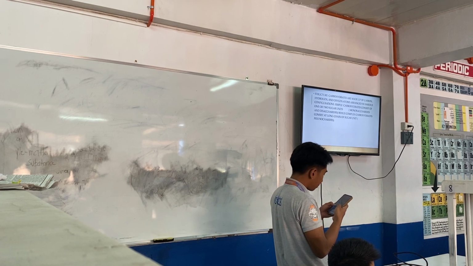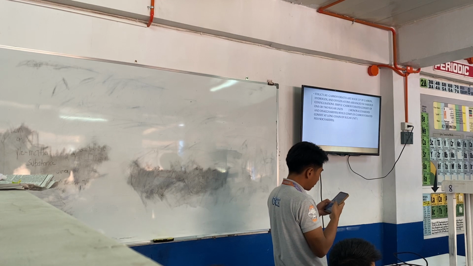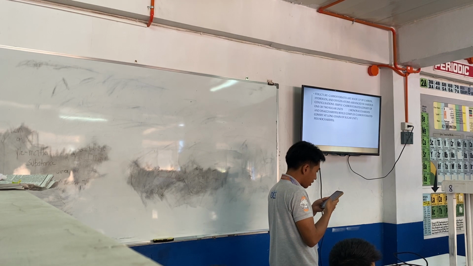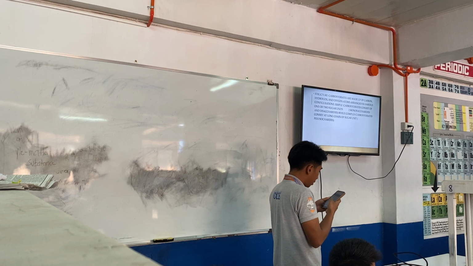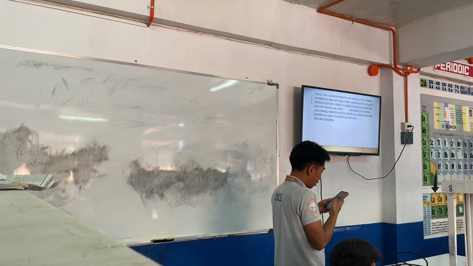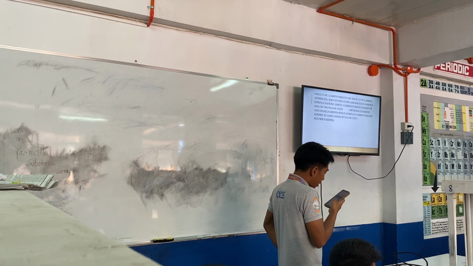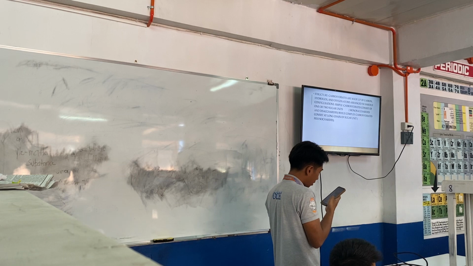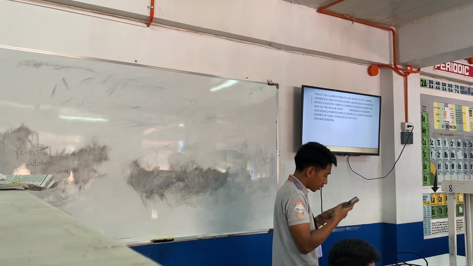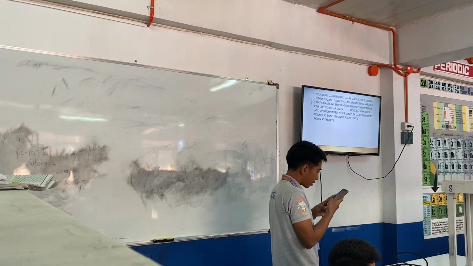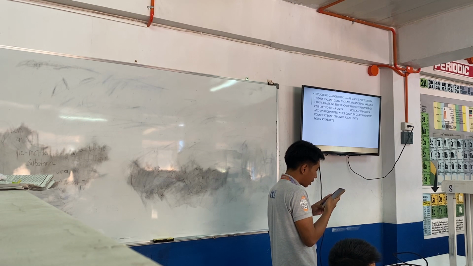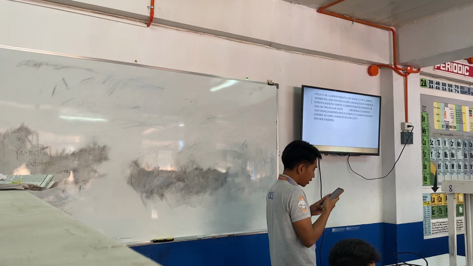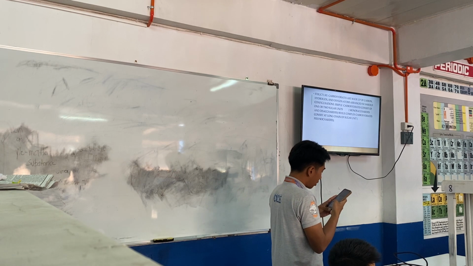So here, monosaccharides, these are the simplest carbohydrates, consisting of a single sugar molecule. Examples include glucose, fructose, and galactose. Monosaccharides can exist as linear chains or ring structures, with carbon atoms forming a ring by bonding to an oxygen atom.